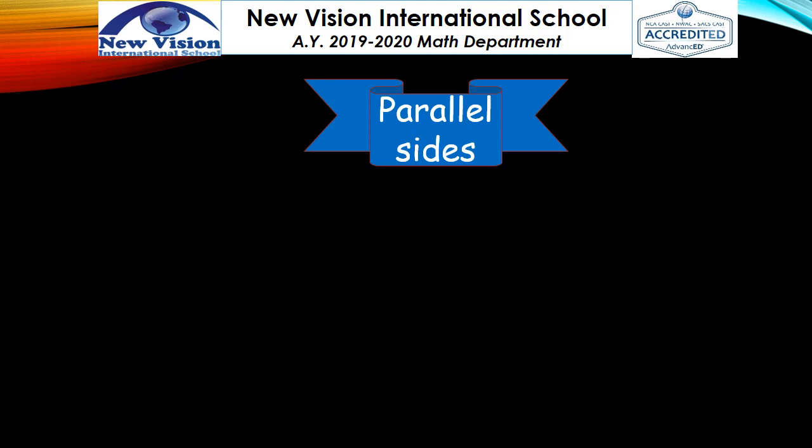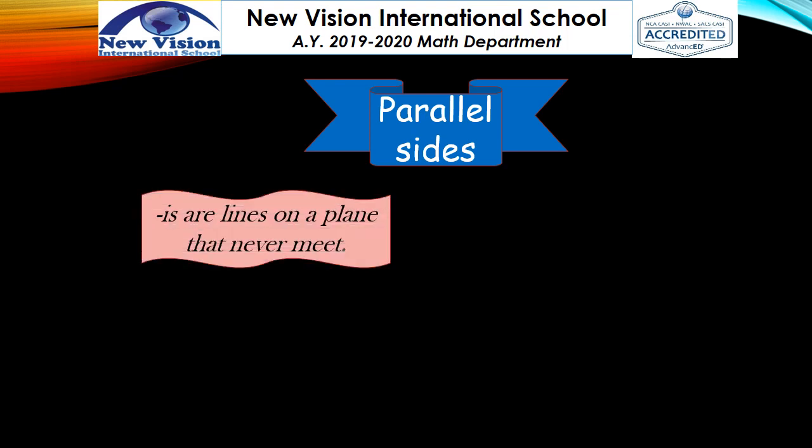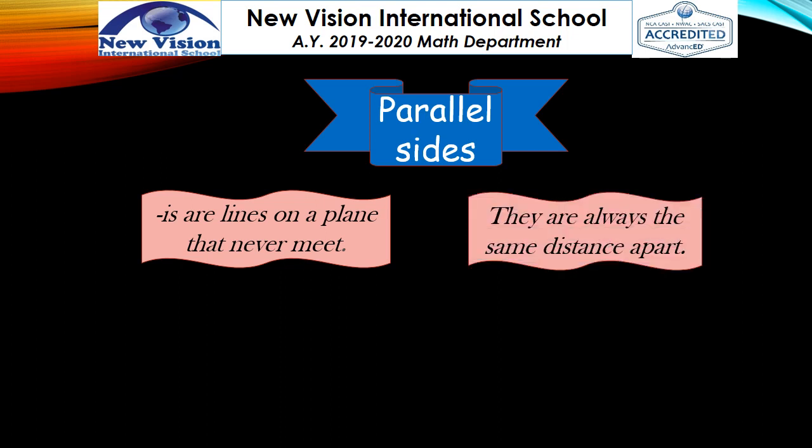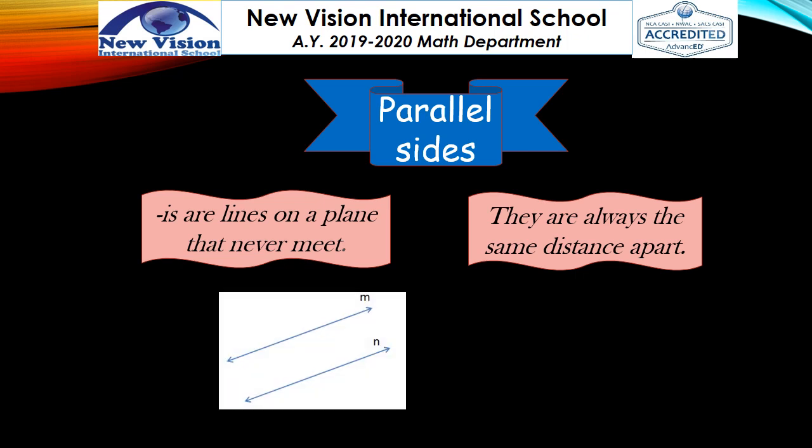Next, we have, repeat, parallel sides. One more, parallel sides. Good. What are parallel sides? They are lines on a plane that never meet. They are always the same distance apart. For example, okay, these two lines here, we have line M and line N. Okay, these two lines will never meet.